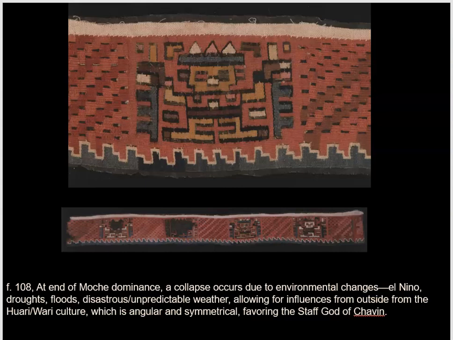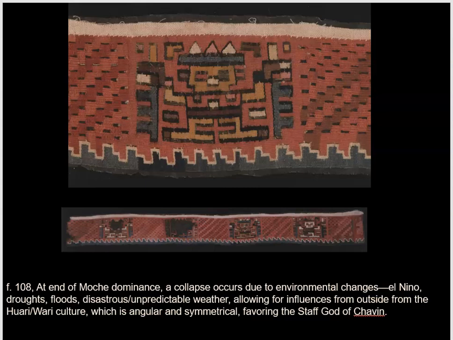This is going to allow influences to come in from outside, in particular from the Wari, and that is spelled a couple different ways. The Wari culture, which is where we're going to turn next, their style tends to be very rigid and angular and very, very symmetrical. They also tend to favor the staff god, which was featured in Chavin.